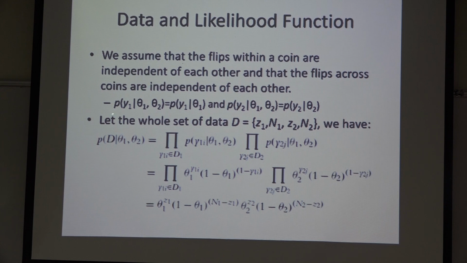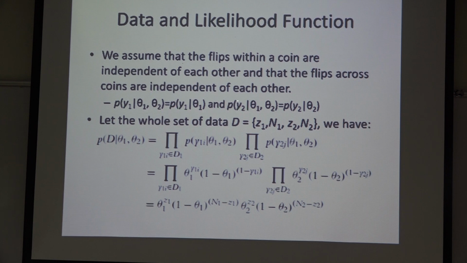So for example, the probability of y1 on condition of theta 1, theta 2 is going to be the probability of y1 on condition of theta 1, because theta 2 has no impact on the outcome of the first coin. So you can drop theta 2 here.